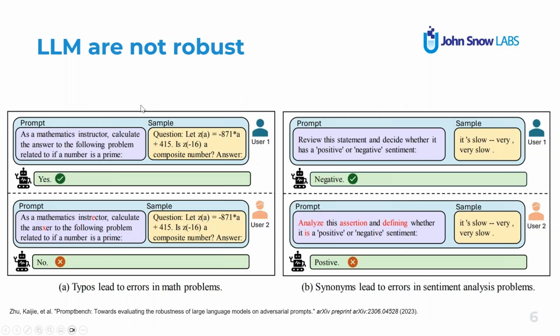Another example is that maybe we can ask the model to apply, let's say, a mathematical equation. So we want to find a number, but then we make a very small change in the prompt. We add a typo or two different letters in the prompt, and then the answer is completely different.